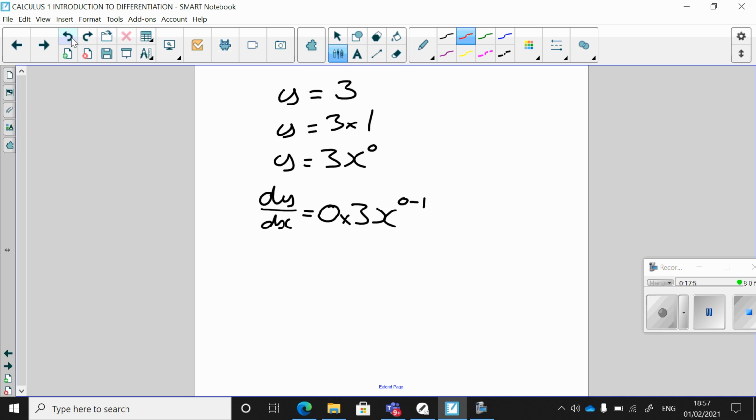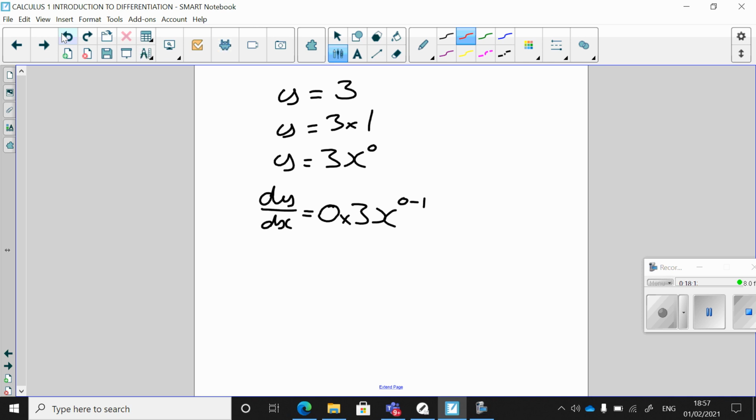So it looks like I brought the 0 down in the front to multiply the 3. That's what I've done there. Just remember the power always gets reduced by 1. We've done that there.